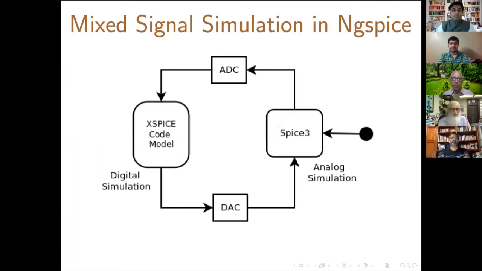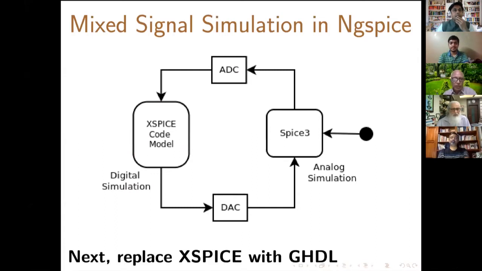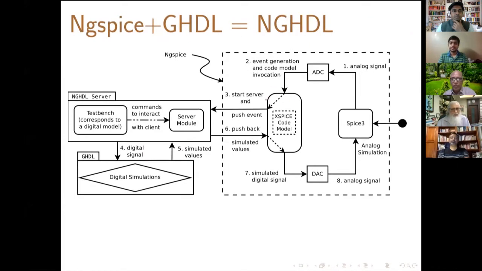The analog part is separated and the digital part is separated, and these are connected through an ADC and DAC. But it is somewhat difficult to use this XSPICE language for digital simulation. So what our team did was to replace this XSPICE with Ghdl using the same infrastructure.